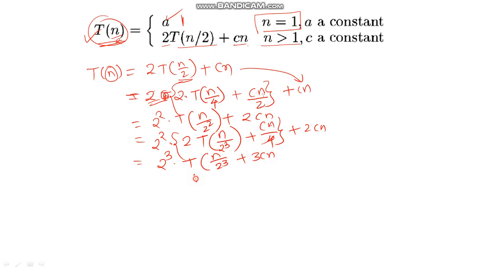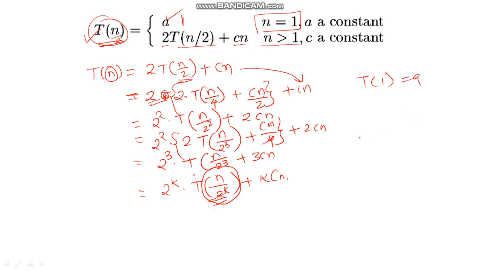If I repeat it for k times, it becomes 2 raised to k into T of n divided by 2 raised to k, plus kCn. So now what I know is T of 1 is constant, that is equal to A. I want to make this particular term T of n/2 raised to k equal to T of 1.